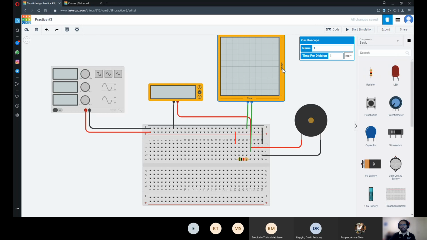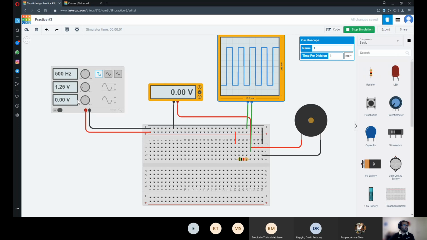So that's something that you will need to keep in mind when working in the lab. Let's say your signal is very small and your voltage per division is, say, 200 millivolts per division, and your signal is in the range of 10 millivolts, it's very likely you will just see a line, and you will need to adjust the scale so you're able to look at it.